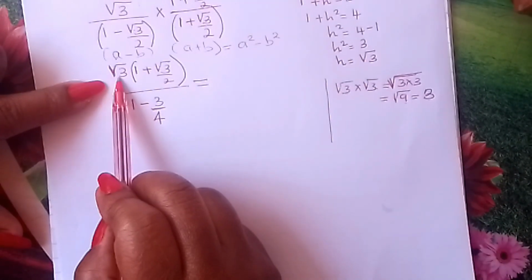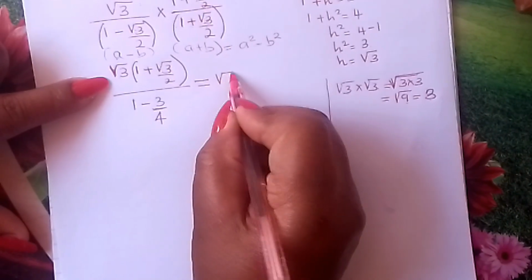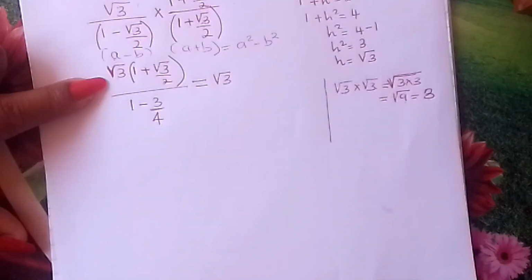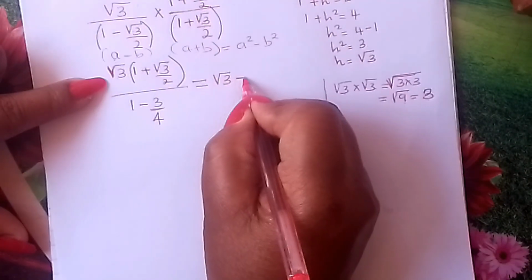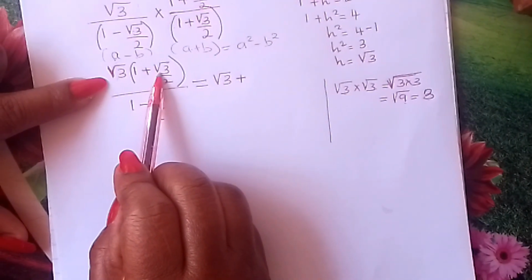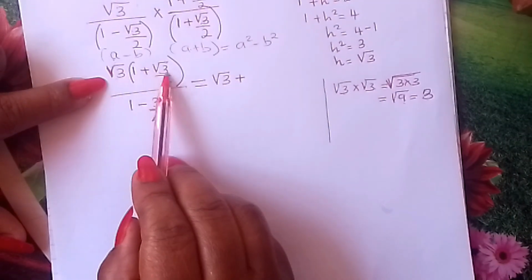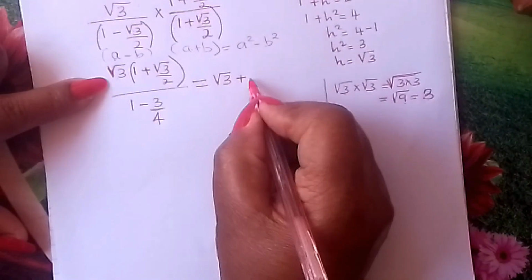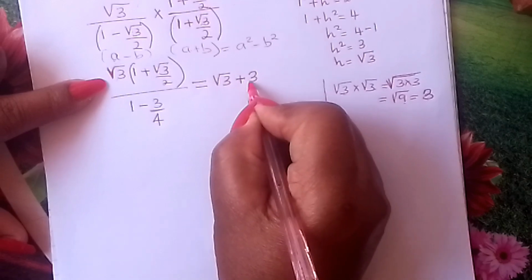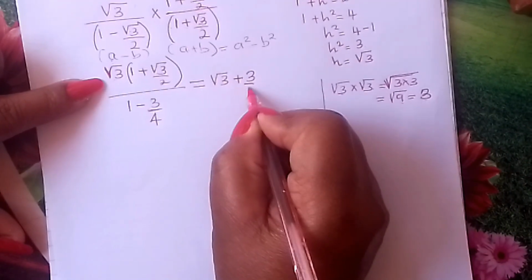So, root 3, we are now in the numerator. Root 3 times 1 is root 3. Root 3 plus what? Square root of 3 times square root of 3. It's just like this one. You'll finally get 3. Square root of 3 times square root of 3 is square root of 9, which is 3. 3 over what? 3 over 2.